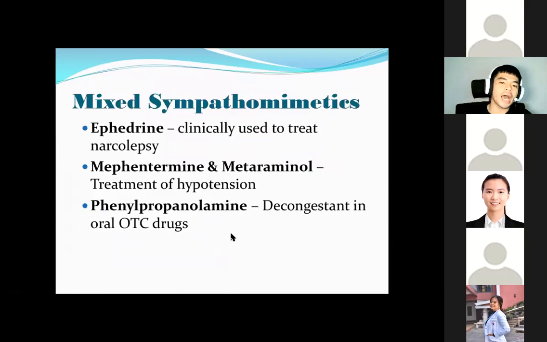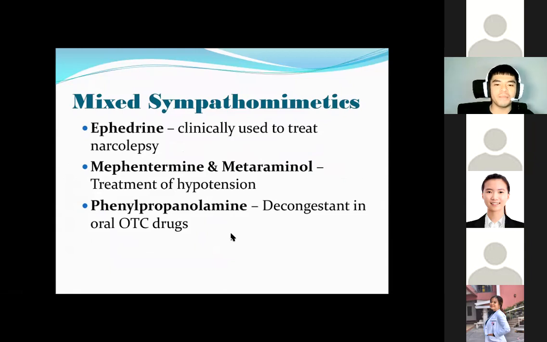Moving on, we have mixed-acting sympathomimetics. Recap regarding mixed-acting sympathomimetics, these agents have both direct and indirect actions. We have ephedrine. Ephedrine has also an anorexic activity. That's why it can be used for narcolepsy.